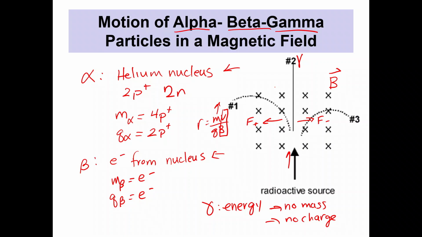The mass to charge ratio is going to be much higher on the helium nucleus than on the electron. The same thing is kind of true if you look at a proton. Your electron is going to curve quite a bit because it's got a lot of charge for the mass that it has, whereas your protons aren't going to curve as much, and your helium nucleus is going to curve even less.